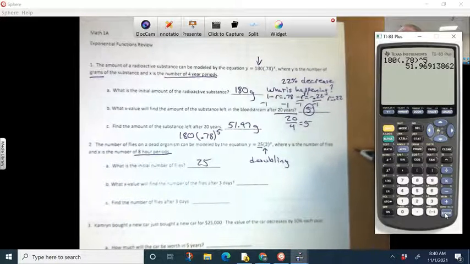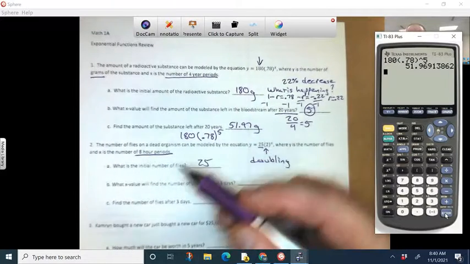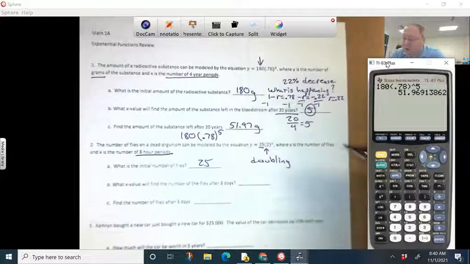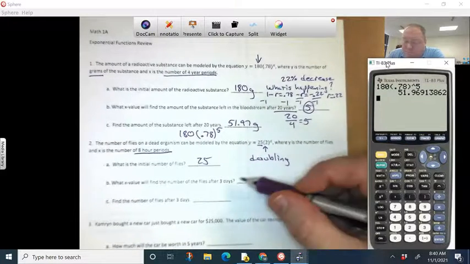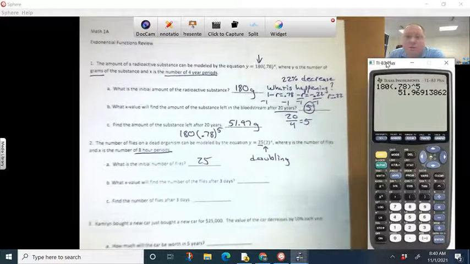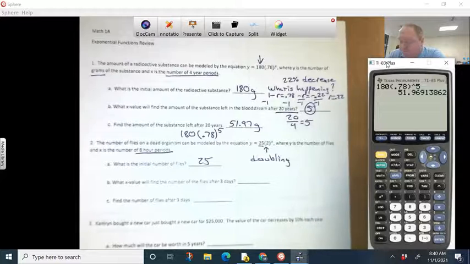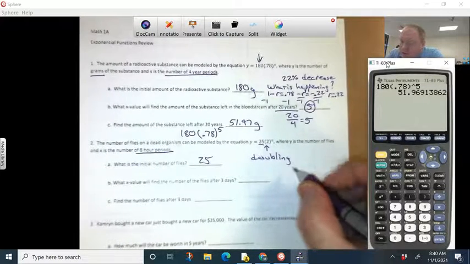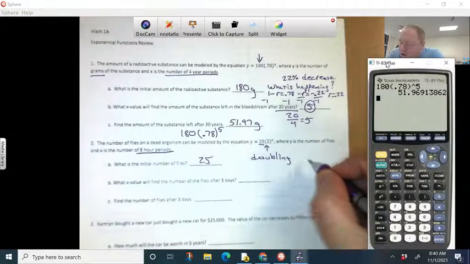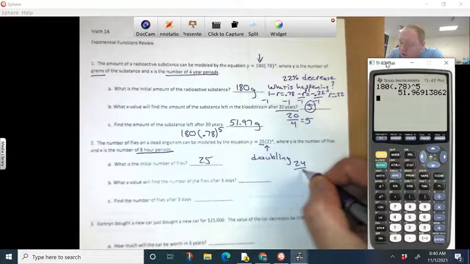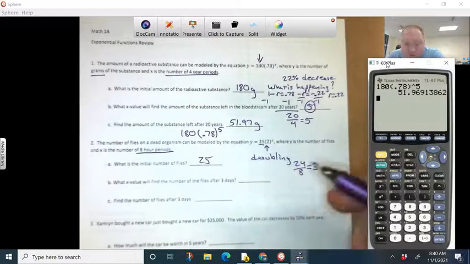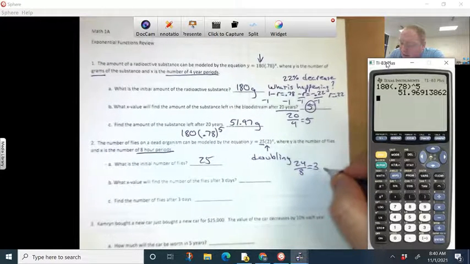Well, because it's every 8 hours, I know that there are 24 hours in one day, and so therefore there are 3 periods, 3 cycles in one day.